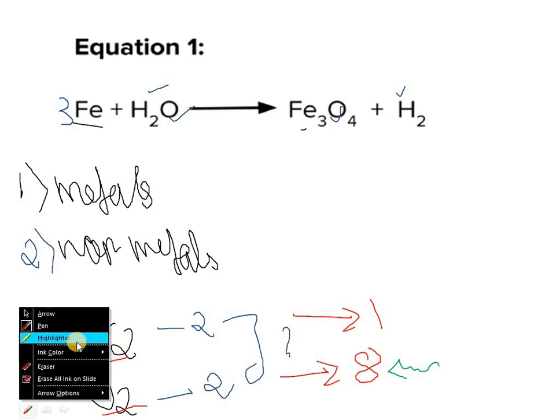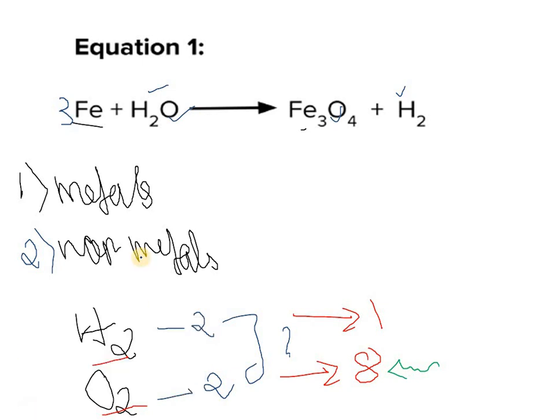So in this equation, first we are going to balance oxygen. Oxygen in the product side is 4 and in the reactant side is only 1. So we have to multiply this whole compound with 4 in order to balance this. Now at last we are going to balance hydrogen. Hydrogen in the reactant side is 8 and hydrogen in the product side is only 2.